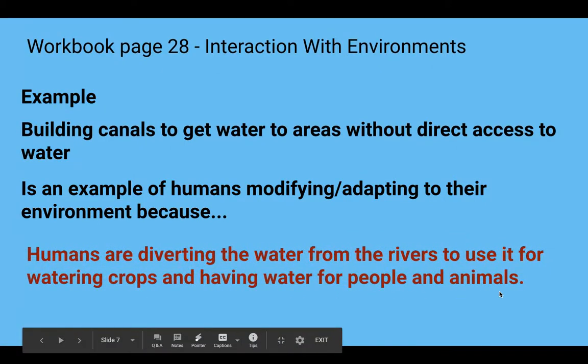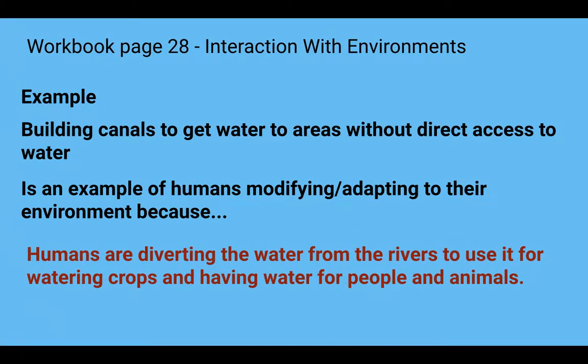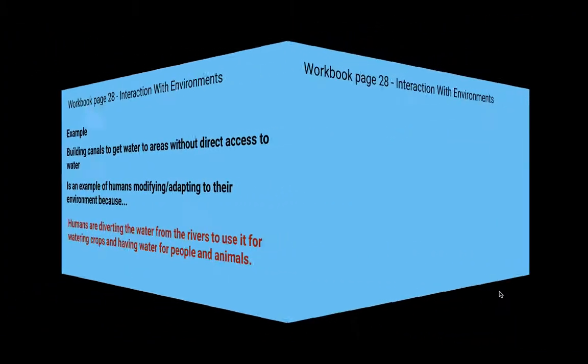Okay, I said it is an example of modifying or adapting to the environment because humans are diverting the water from the rivers to use it for watering crops and having water for people and animals. That makes sense too.